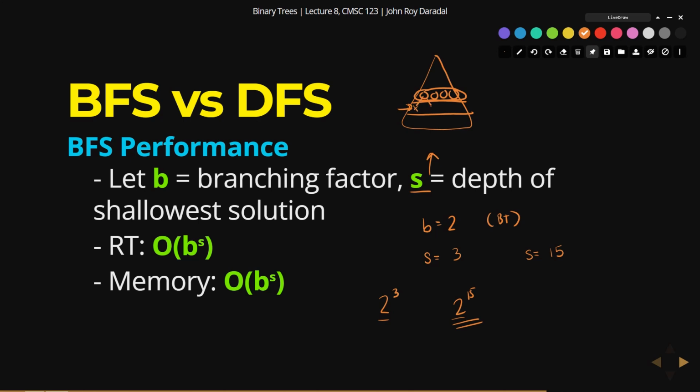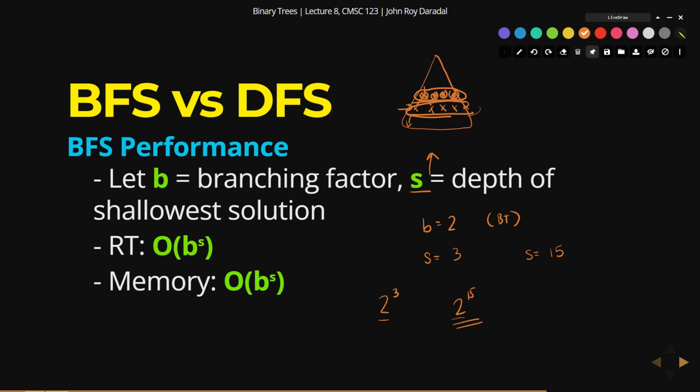You get the children of this node right here, and then the children of this node here, then this node here, and then this node here, right? Once you get these nodes, you also save the nodes at this level because you will use that to process the next level. That's why you also have exponential memory.